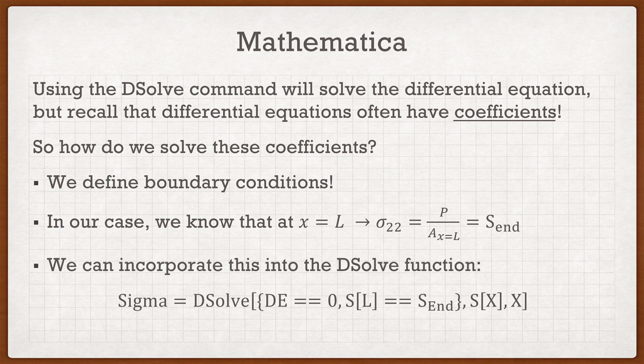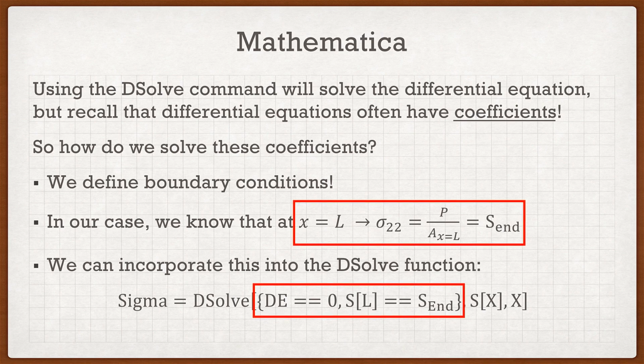Then I can go back to my DSolve function and incorporate this boundary condition in there. So after I do that, my DSolve function will be this. And you guys are saying, Clayton, what happened? It looks a little confusing. Well, I took this boundary condition here, and then look where the DSolve function is. The DSolve function still has 3 components. The first one's the differential equation. The second one is s of x, and then the final one is just x.